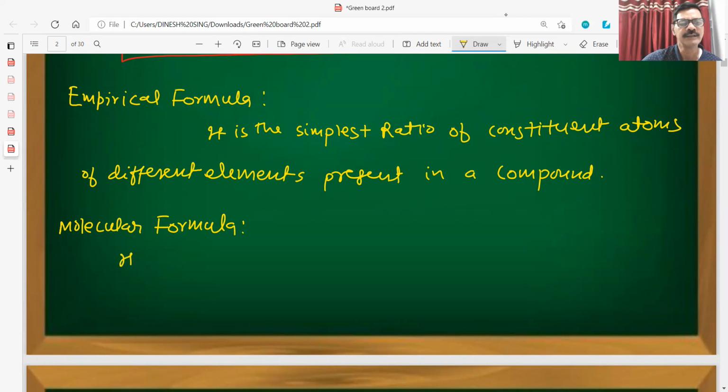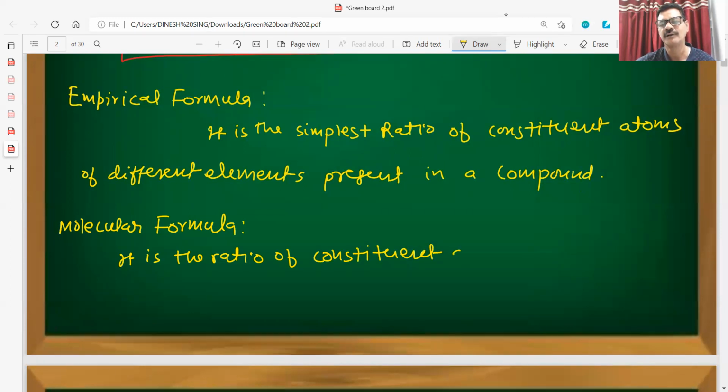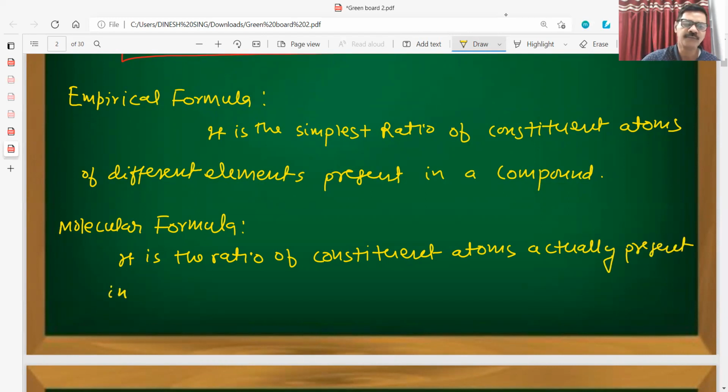It is the ratio of constituent atoms actually present in one molecule of a compound. This is called molecular formula.